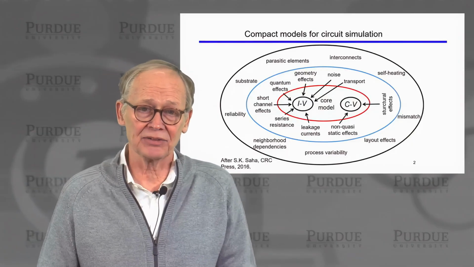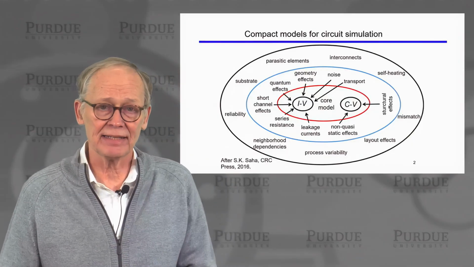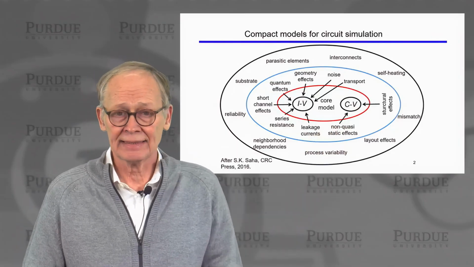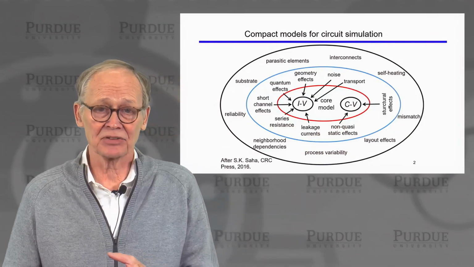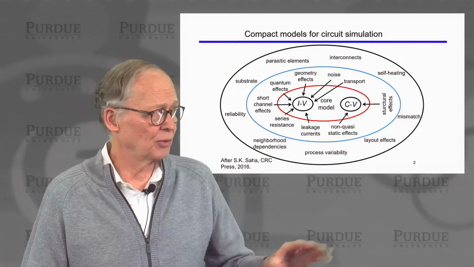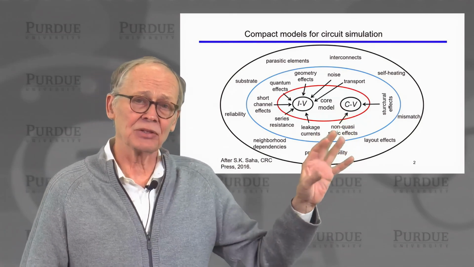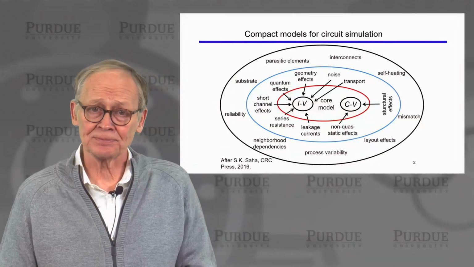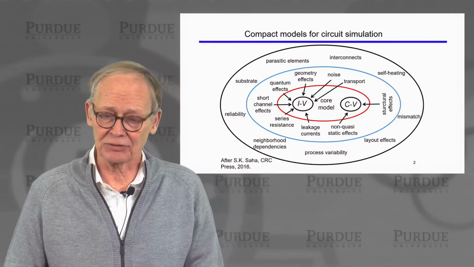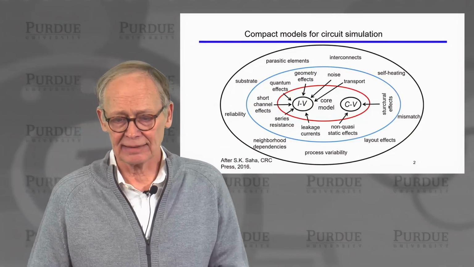When we operate these devices, we generate heat. That affects the parameters of the device and the performance of the device. Not every device is the same. There are slight mismatches between devices that need to be accounted for. The designer can lay out the transistor in different ways and will not always get the same IV characteristics, so those layout dependencies have to be treated.